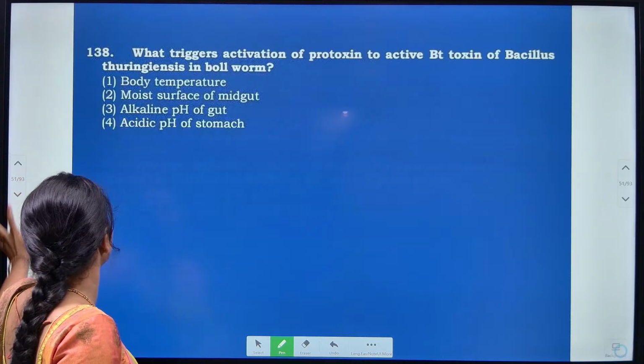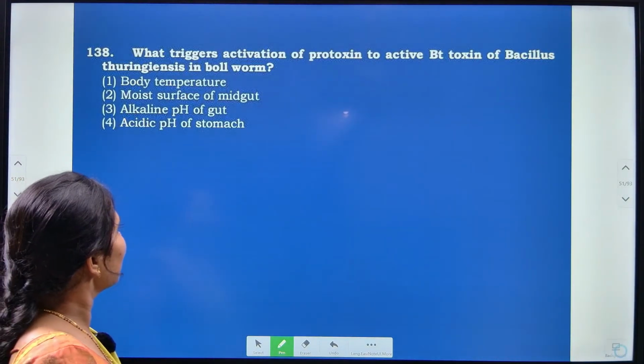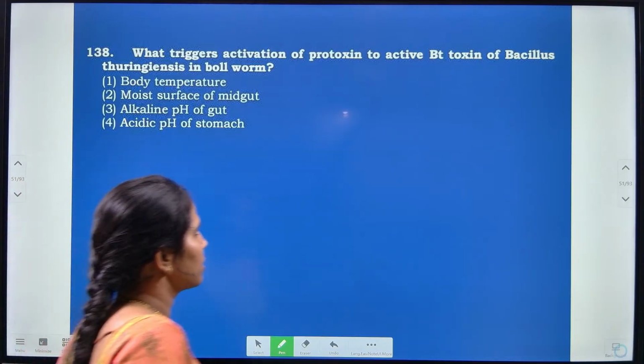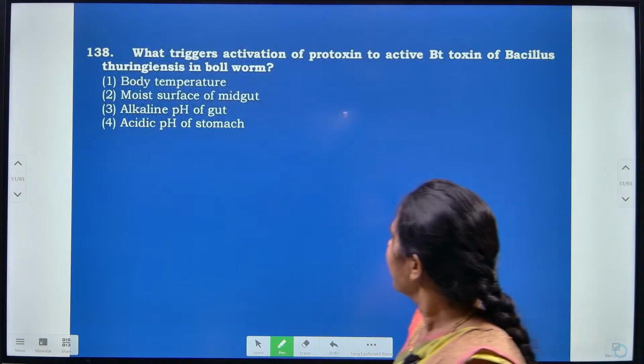Yes, what triggers the activation of protoxin to active Bt toxin of Bacillus thuringiensis in a bollworm?